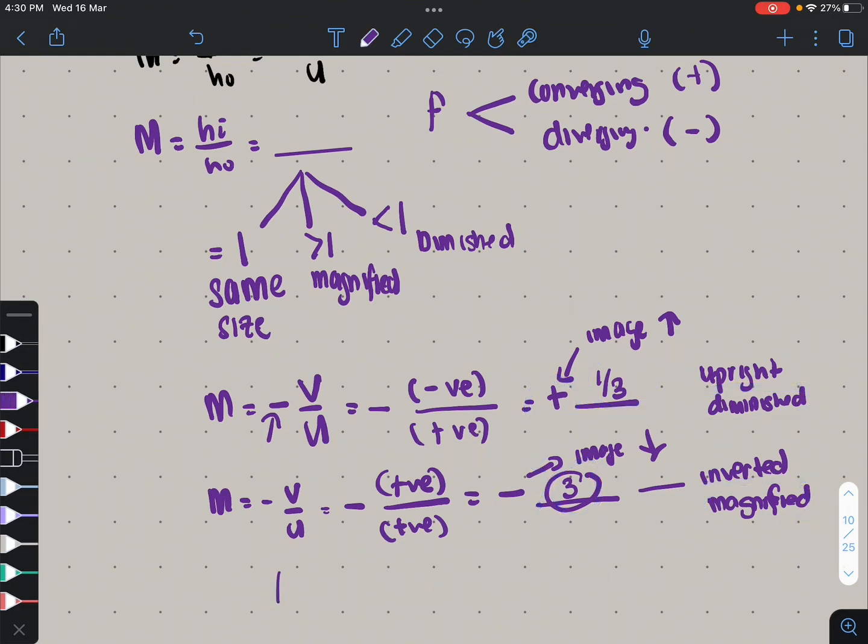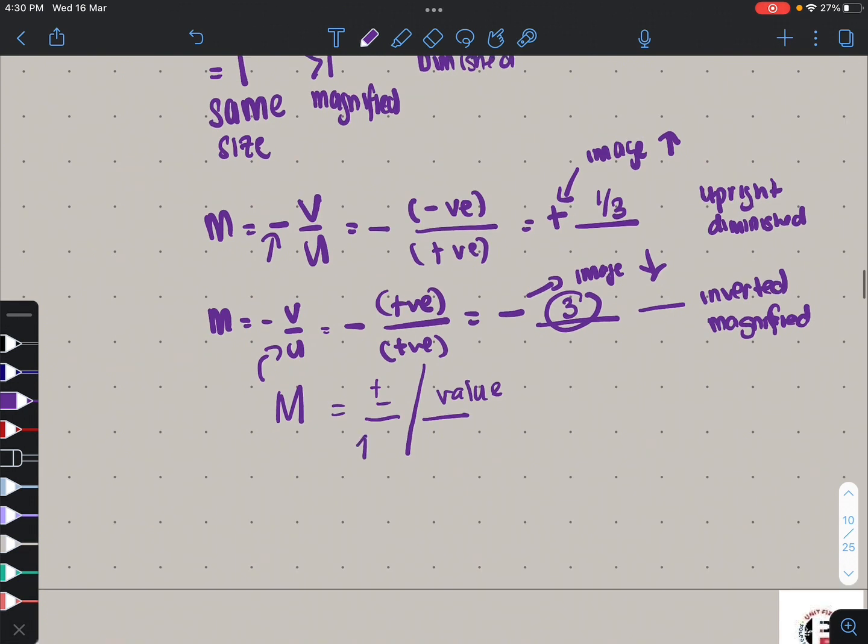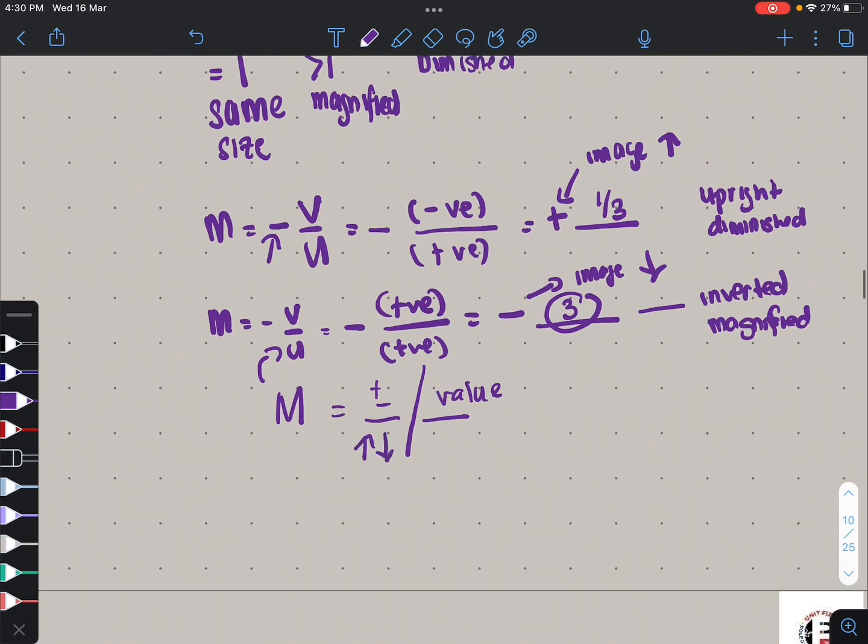So, for your M here, menggunakan equation dekat atas ni, you will have two parts of the answer. Positive, negative dan juga value. Positive, negative indicate upright ataupun inverted. Value here indicates magnified ataupun diminished.